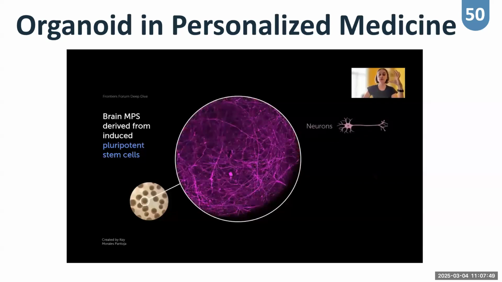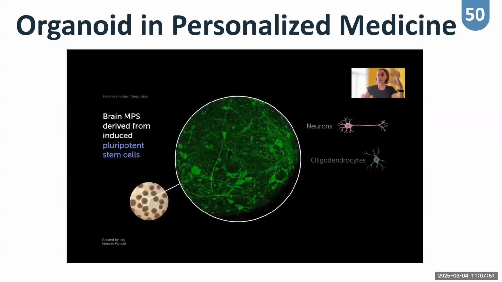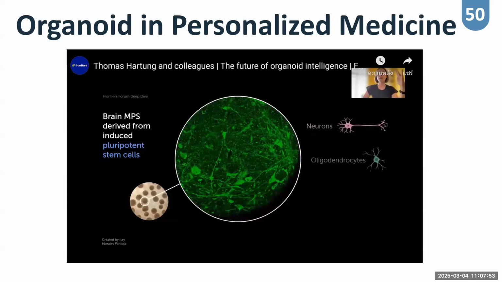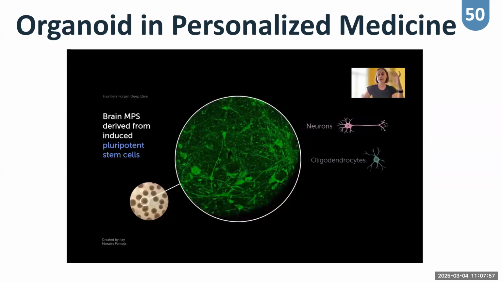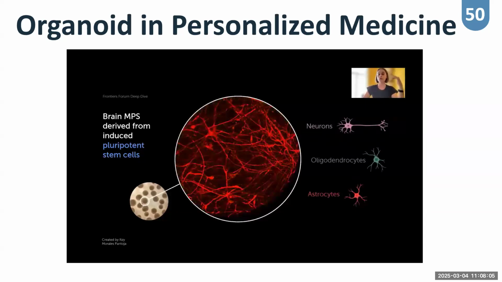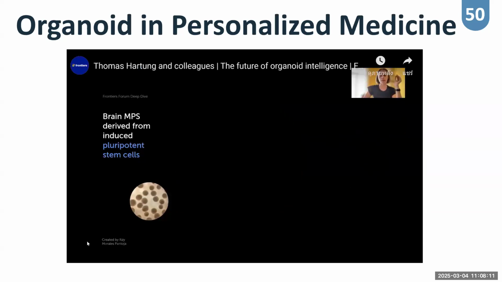Just to show that one organoid contains several cells inside, she used a fluorescent label on each cell in one organoid of the brain. Okay.